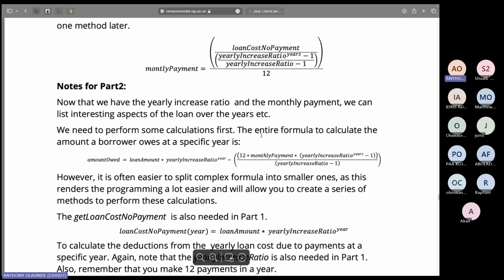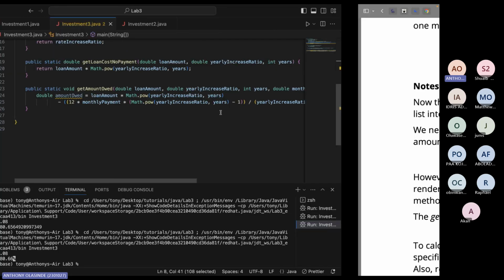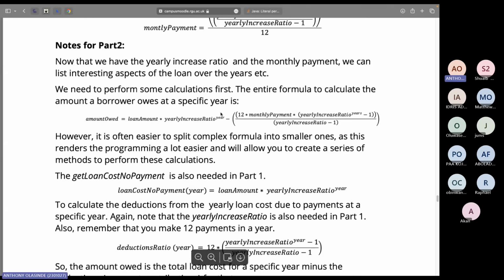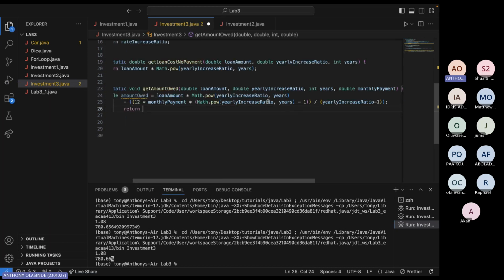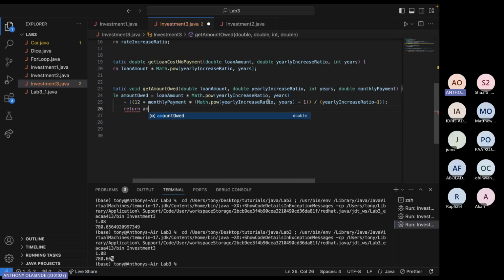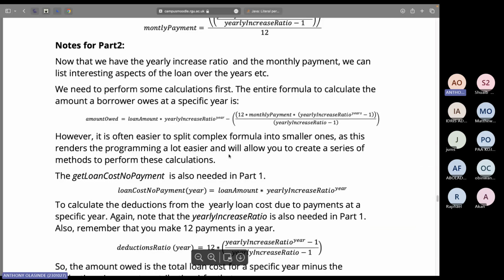I think I just left this there to show how complex this thing can be. So basically, you can just return amount owed, then we can call this double because amount owed is a double.